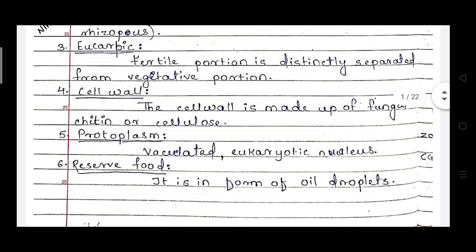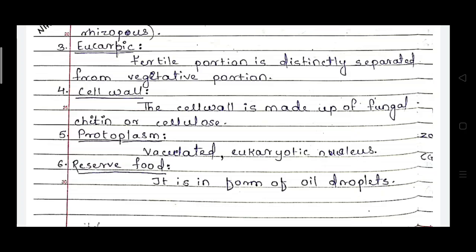Then the protoplasm is vacuolated and has a eukaryotic nucleus. That means vacuoles are present in the protoplasm, and the nuclear membrane and nuclear materials are present in the fungi. Then reserve food is in the form of oil droplets.